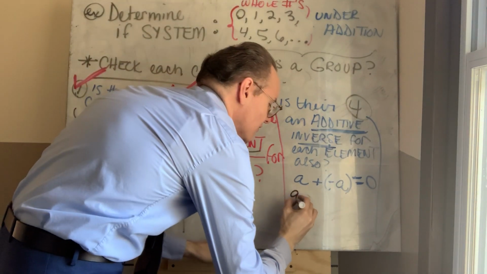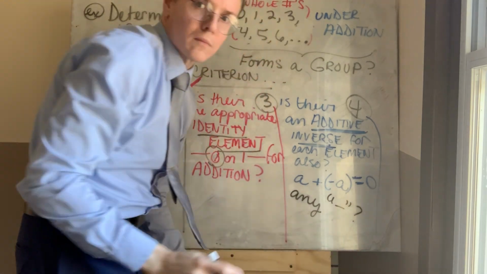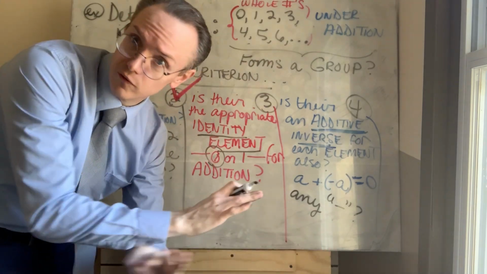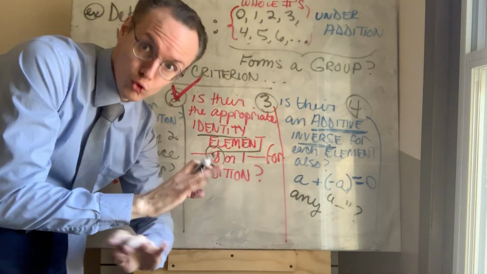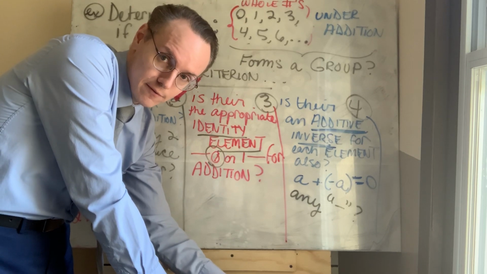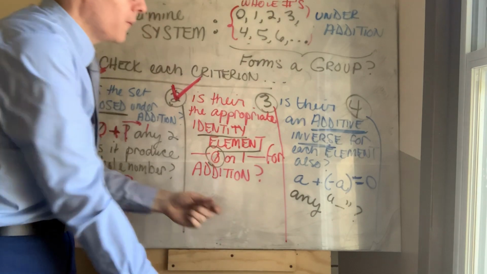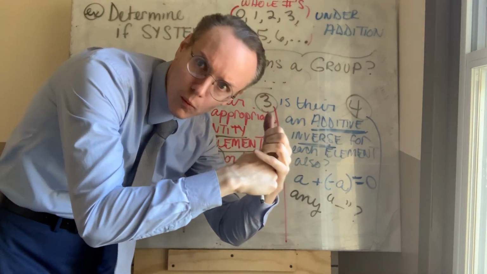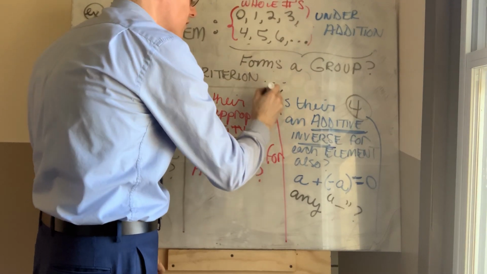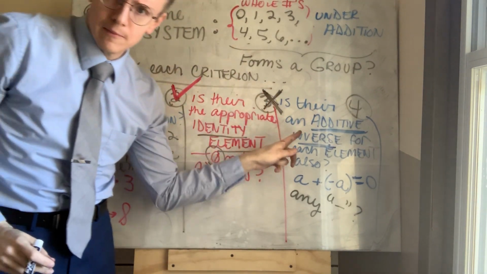Got any negatives? And the answer to that is no. The whole numbers specifically do not include the negative integers, the negative wholes. So here we hit the brick wall. This criterion, requirement, whatever you have, is not met.